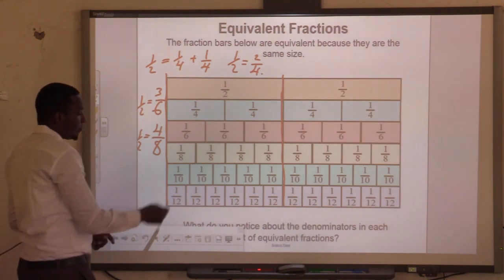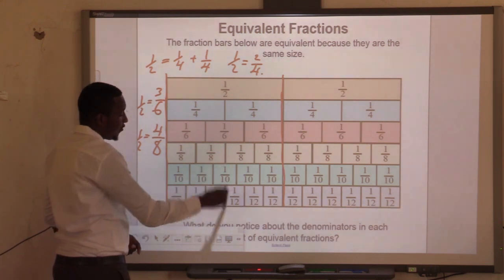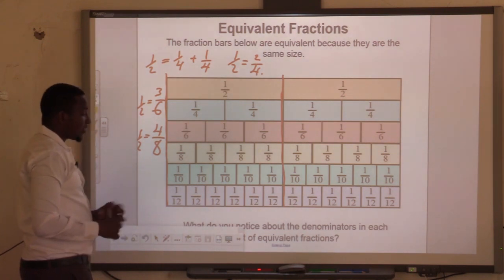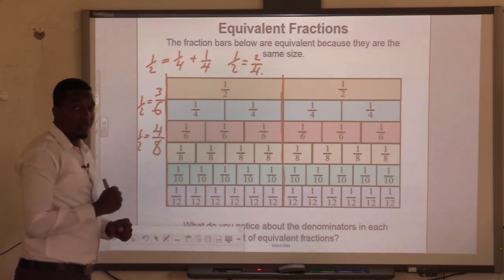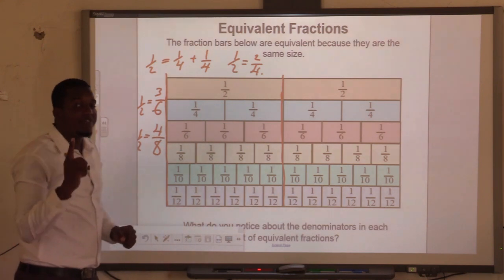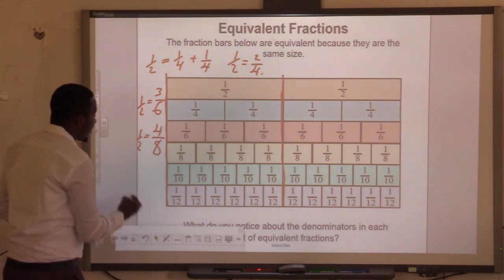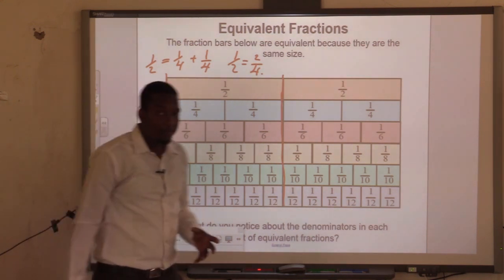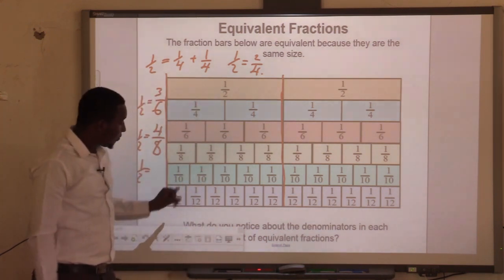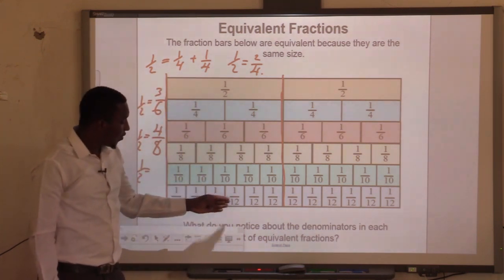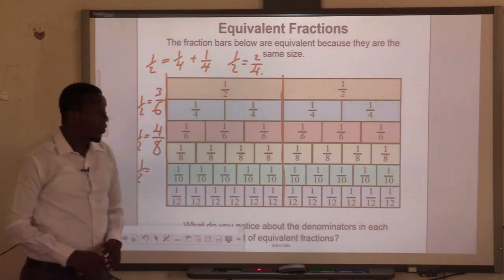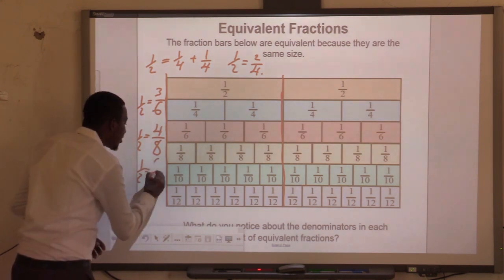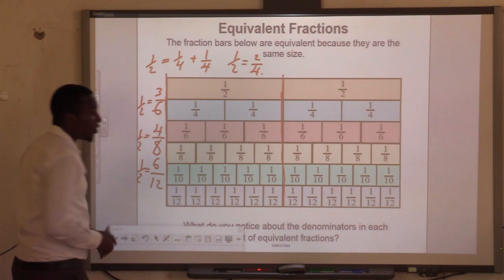We have 1, 2, 3, 4, 5, 6. So we add 6 1/12 to give us a half. So we can equally say half is equal to 6 all over 12.